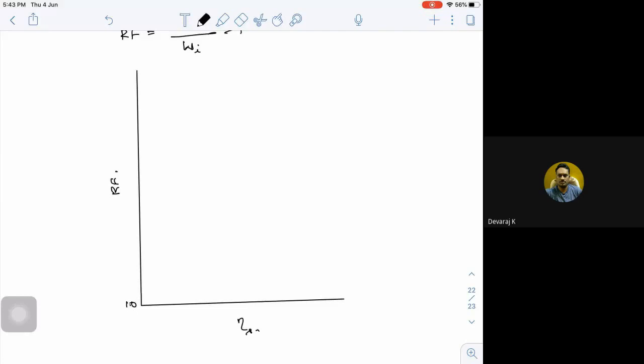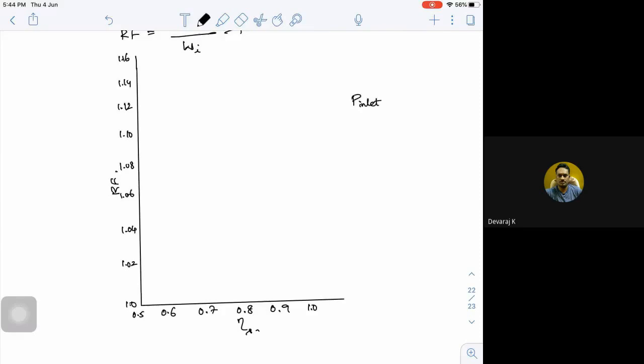Okay, 1, maybe 1.02, 1.04, 1.06, 1.08, 1.10, 1.12, 1.14, 1.16. Okay, so go like that. Now, what will be the efficiencies if I start with 0.5, 0.6, 0.7, 0.8, 0.9 and 1.